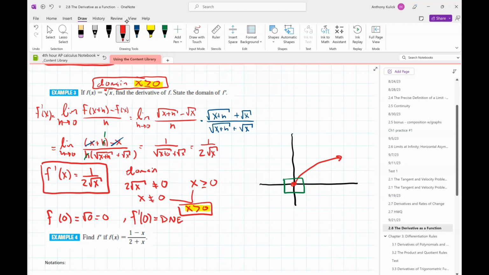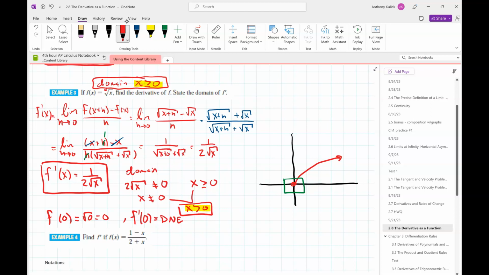Doesn't exist because there's nothing leading into it. That's why the derivative here doesn't exist at 0, because the function is not continuous from the left at 0. And as a result, the limit can't exist there at 0. Hence, when we take the derivative, we need the limit.